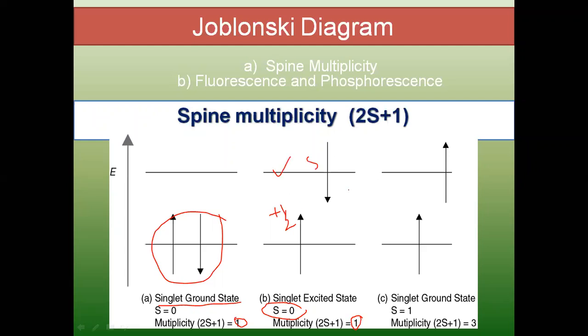But when intersystem crossing occurs, the electron's spin is crossed over, and due to that the spin multiplicity changes to 3. This is called the triplet excited energy level or triplet state.